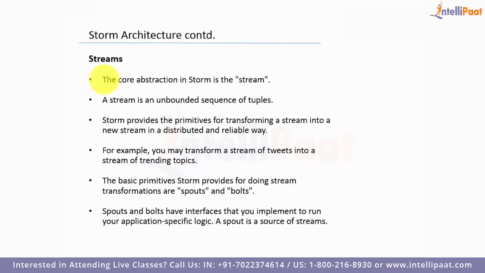For example, we may transform a stream of tweets into a stream of trending topics. If you are avid users of Twitter, and even if not avid, if you have logged into Twitter and seen the graphical user interface of the Twitter website a bit keenly, you might have seen the trending topics on the Twitter website. Now, how do they calculate the trending topics? Twitter receives the stream of tweets from different users across the globe.